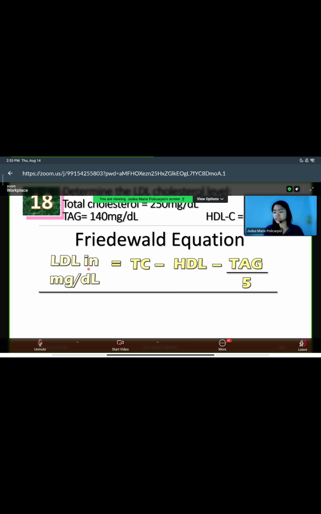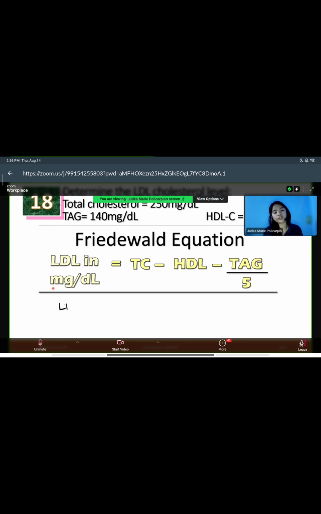So Friedewald equation states that your LDL in milligrams per deciliter is equivalent to the total cholesterol minus the HDL minus triglyceride divided by 5. Okay? So this is how we would compute the LDL. So try natin i-substitute yung given on the equation.